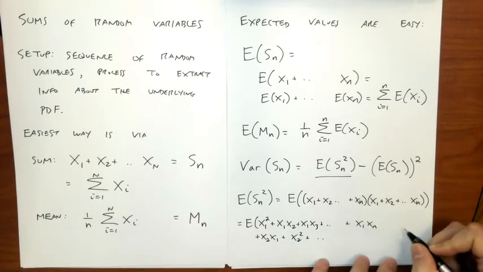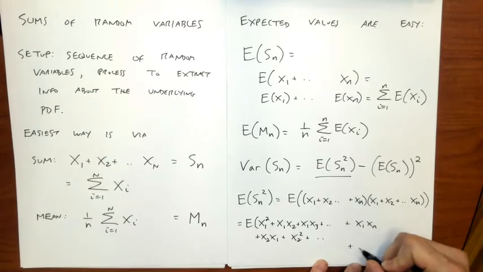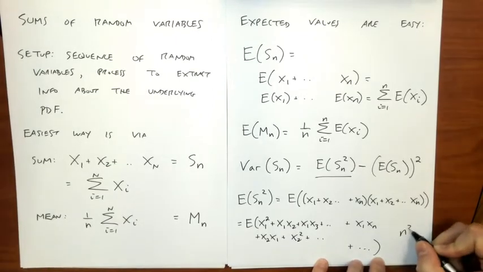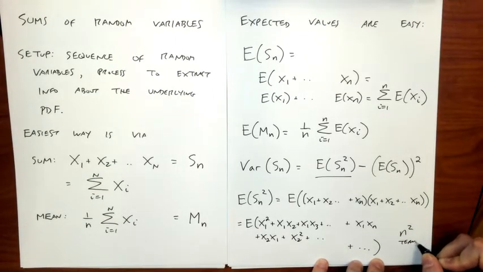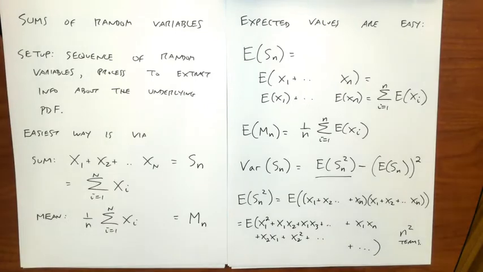So you can kind of see the pattern. Basically, there are going to be n squared terms inside this sum. And that's okay.